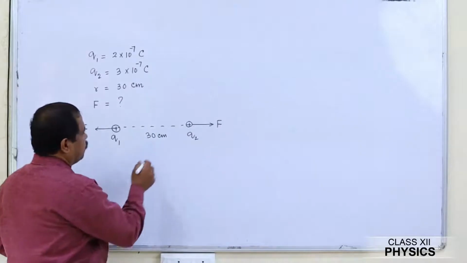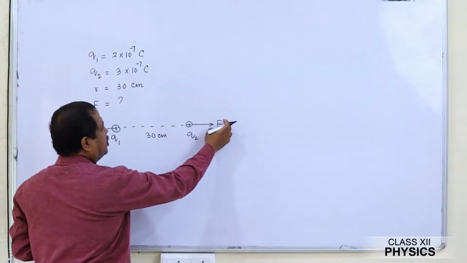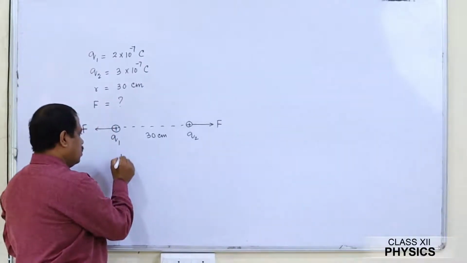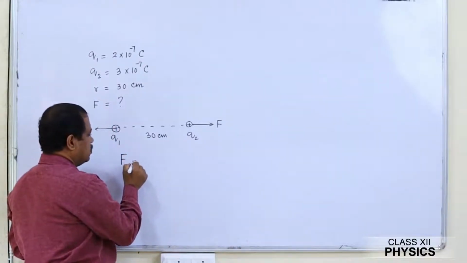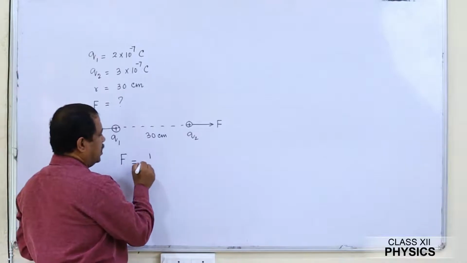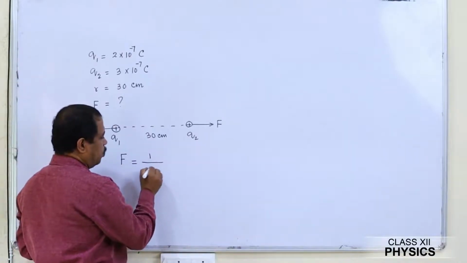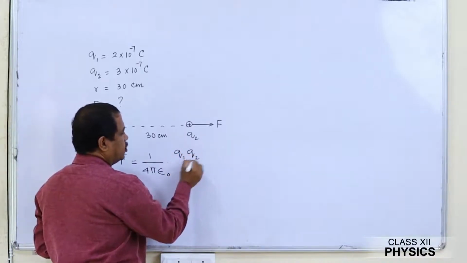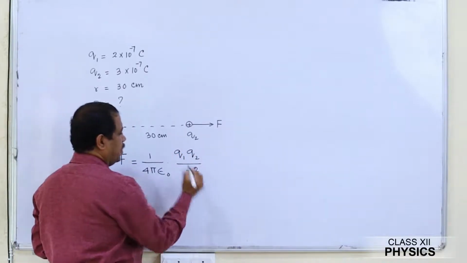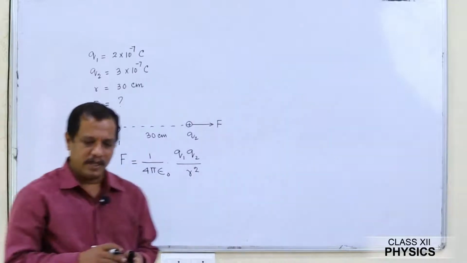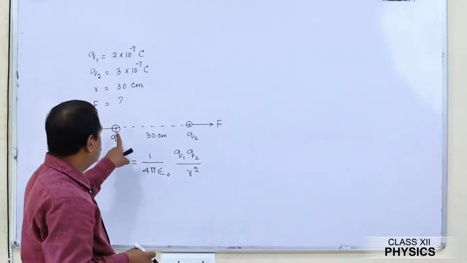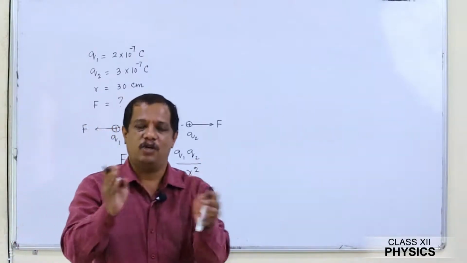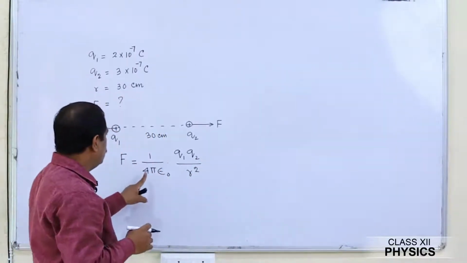So to calculate the force, either magnitude of F or this F, both will be equal, and the expression that I am going to use is F is equal to 1 by 4 pi epsilon naught into the product of the two charges Q1 and Q2 divided by R square. Importantly, the two charges given in the question are placed in vacuum.